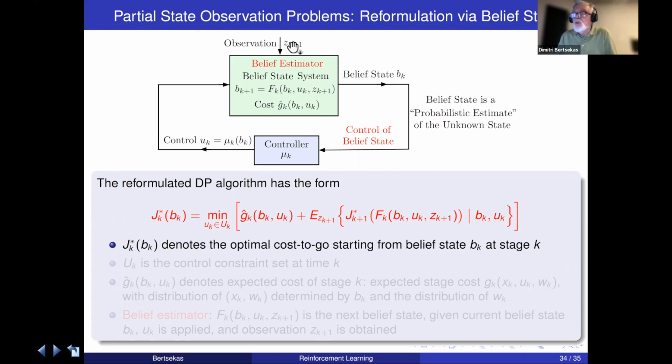So we have a probability distribution for this observation based on what we know, which is the belief state b_k, and based on the control that we apply. Now, this belief state evolves over time. The belief state is perfectly known to the controller. The original state is not known, but the belief state is given by this estimator or belief state system. It's known by the controller, which applies a policy, a function of this belief state, and this is the control that we use at time k.